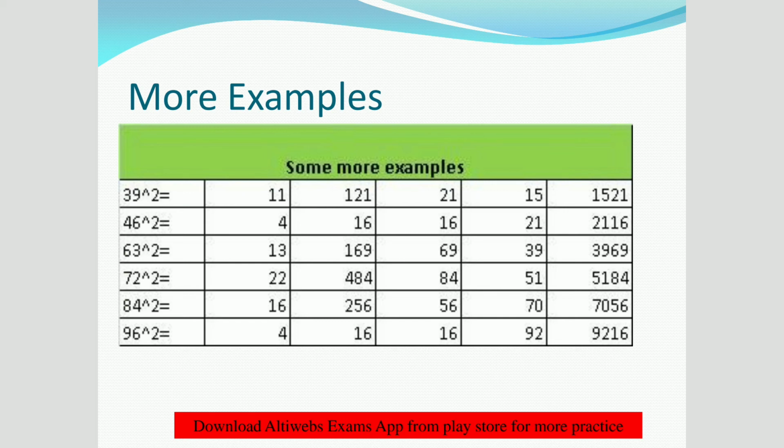Now let's go to the third category, 84 square and 96 square. 84 square, so 100 minus 84 will be x, which is 16. And what is the square of 16? 256. So the last two digits are 56. And what are the first digits of the required square?